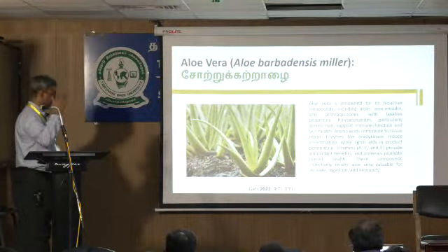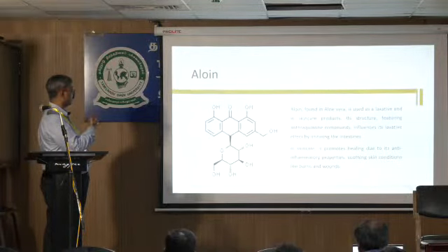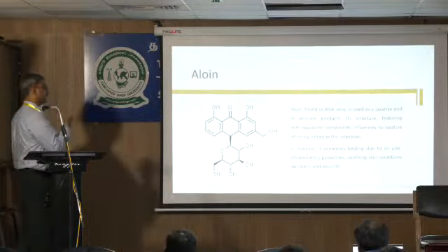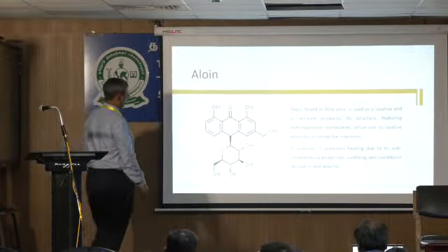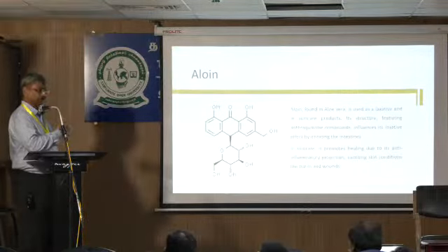This aloin found in aloe vera is used as a laxative, and this is the reason why it is used in skincare products. Its structure featuring the anthraquinone compound influences the laxative effect of irritating the intestine, which we call this particular part anthraquinone, and then the whole thing is going to be used for the promotion of skincare.